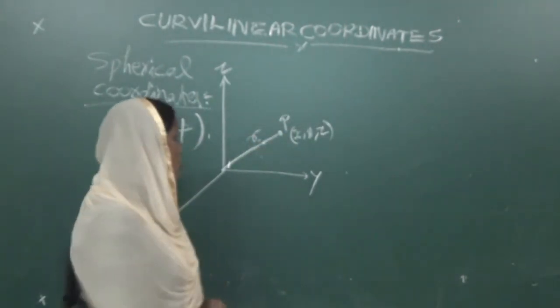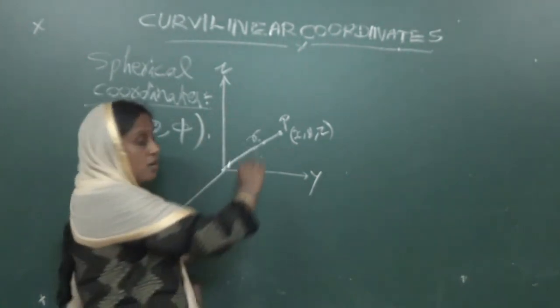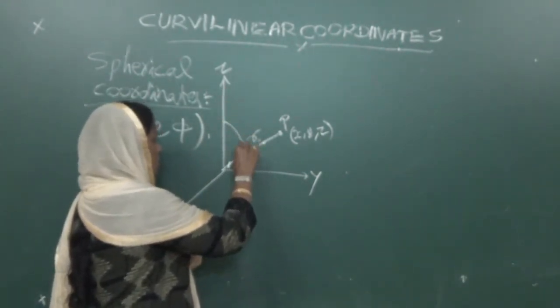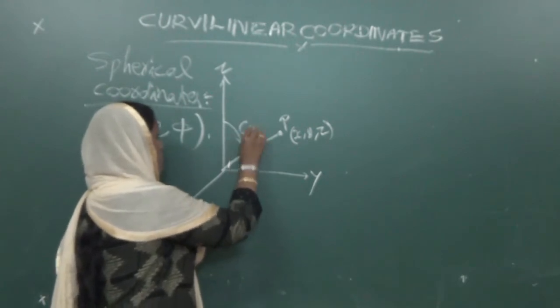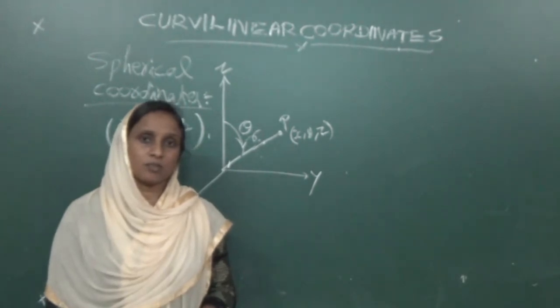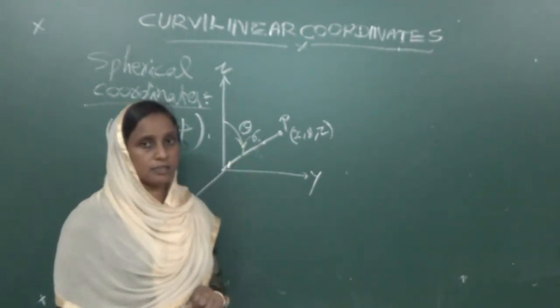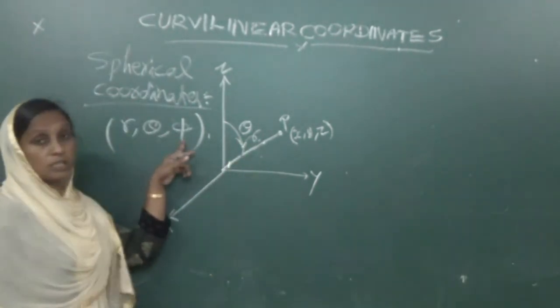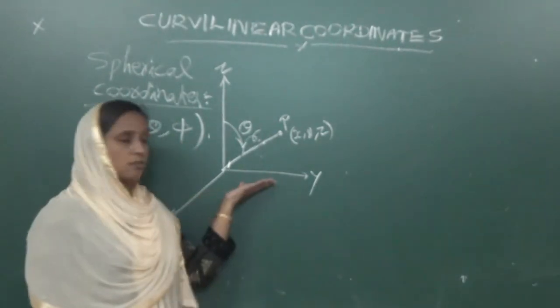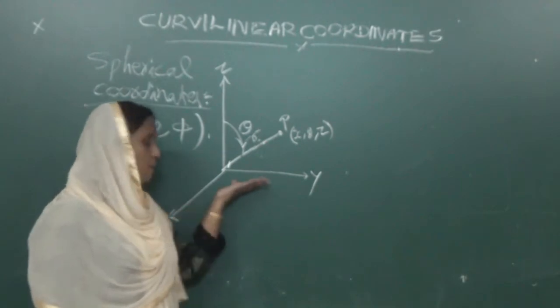Now the angle measured from the z axis to this vector is called the polar angle theta. Now we have the third coordinate phi. This phi is lying in this plane.